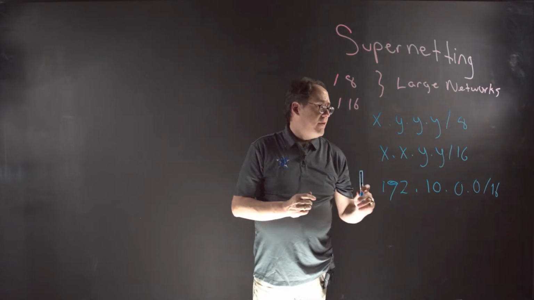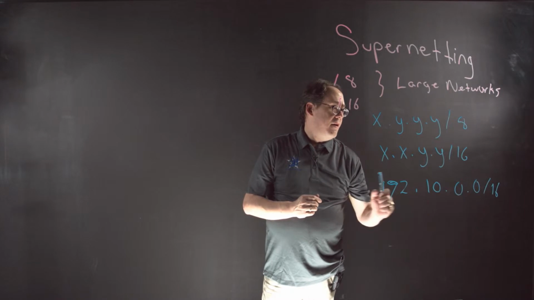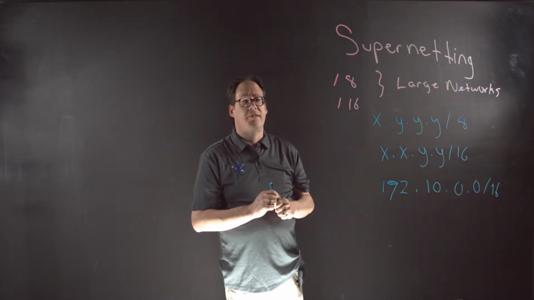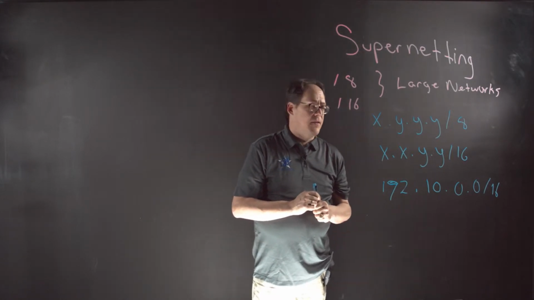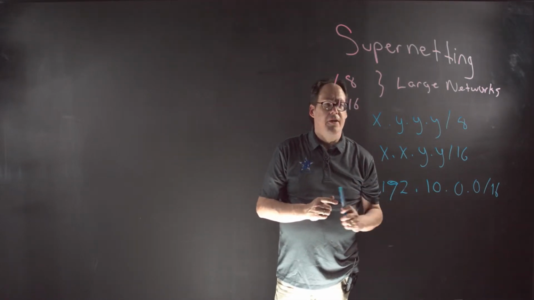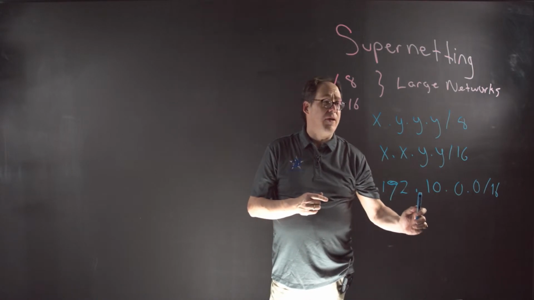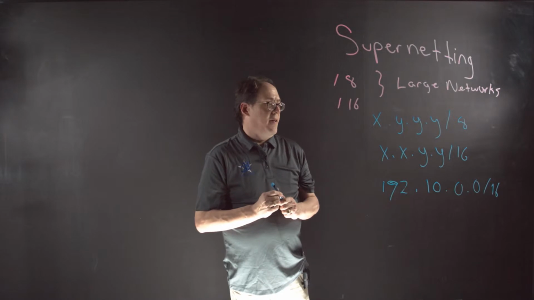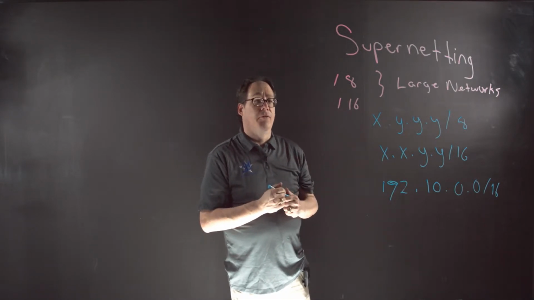So I would set a filter and say, if the source is 172.10.0.0/16, don't accept the packet. So in this case, what I'm doing is creating an exception to a rule that allows traffic, and I'm saying identify the traffic that falls into this supernet. Now that is another application of a large network.